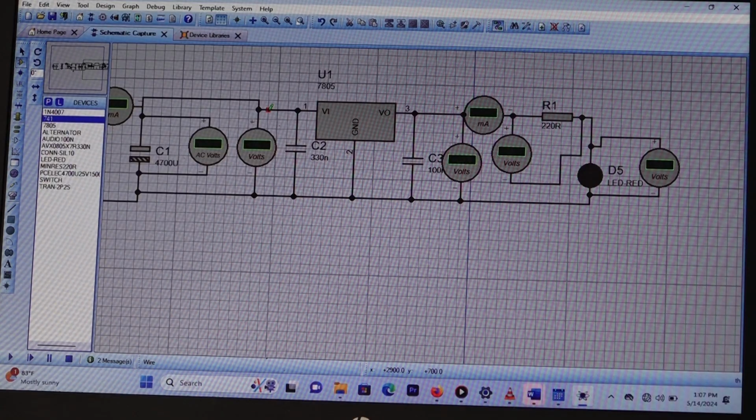Okay? Are we together? So this is the system which actually teaches you the concepts of how you can deal with AC power and DC power. Okay? Did you understand the concept?